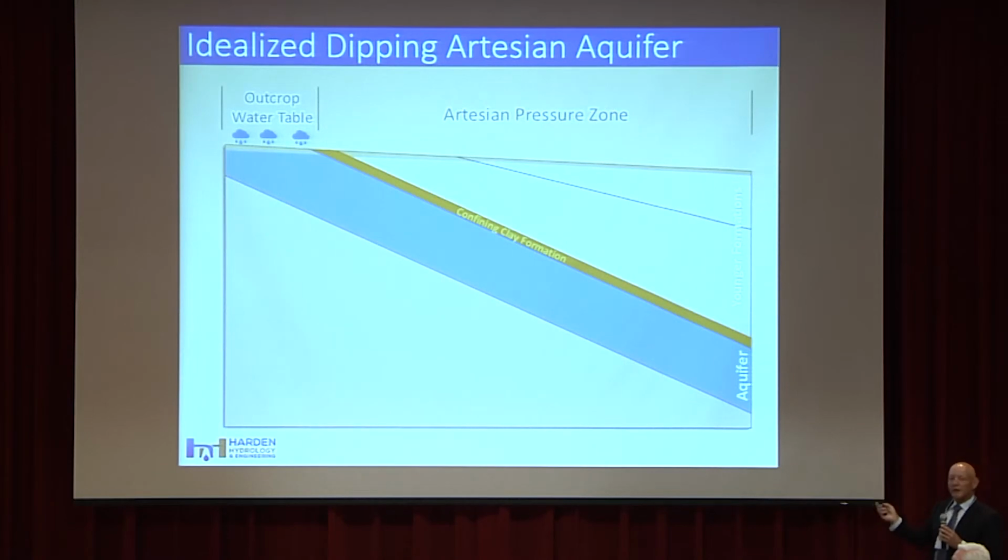So if we just look at an idealized dipping sand aquifer, we have the water that is the aquifer in the blue part. That's where the storage is. We have a confining clay zone that sits on top of this that seals this water. And then we have younger units throughout the Gulf Coast, the Carrizo-Wilcox and the Trinity.